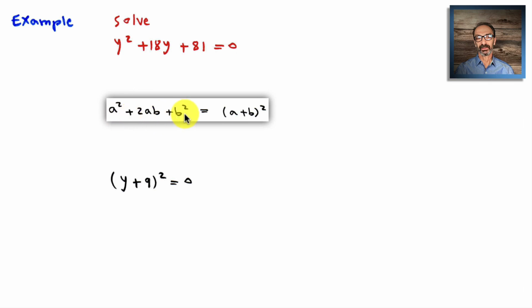This right here comes to a plus b to the second, and this is exactly like ours, knowing that a is y and knowing that b is 9. So we have 2 times a times b, 2 times 9 times y, which is 18y. So by doing that, a is y and b is 9, and that's what we have. Y plus 9 to the second. We want to make it equal to 0, and that says y equals negative 9.